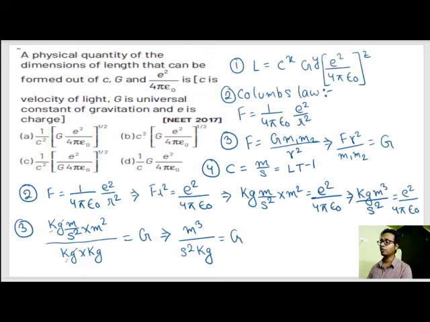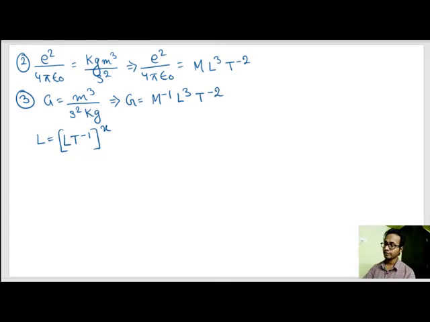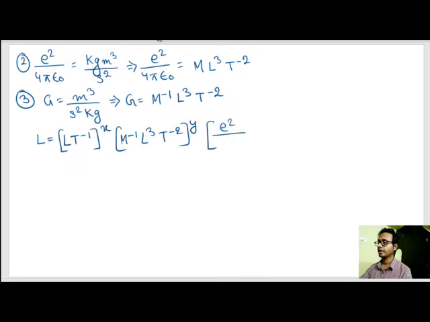I am simply copying this formula: L is equal to c to the power x, G to the power y, and e square by 4 pi epsilon naught to the power z. I am simply writing that thing again. C to the power x, G to the power y, G is M to the power minus 1, L cube, T minus 2, to the power y, and e square by 4 pi epsilon naught to the power z.